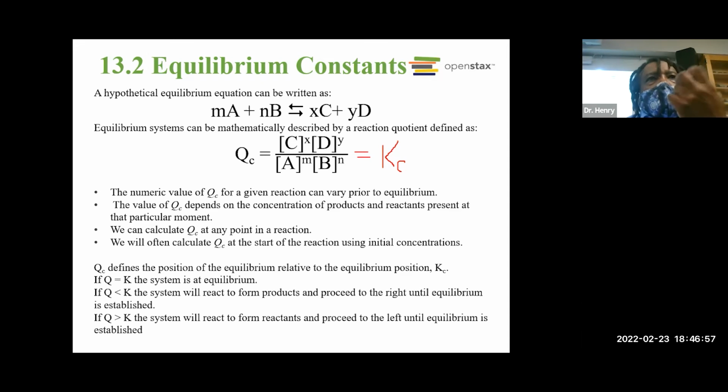So you're going to be forming more reactants. That's right. And so in that case, the reaction is going to be going in that direction because we don't have as many reactants, until it reaches equilibrium.